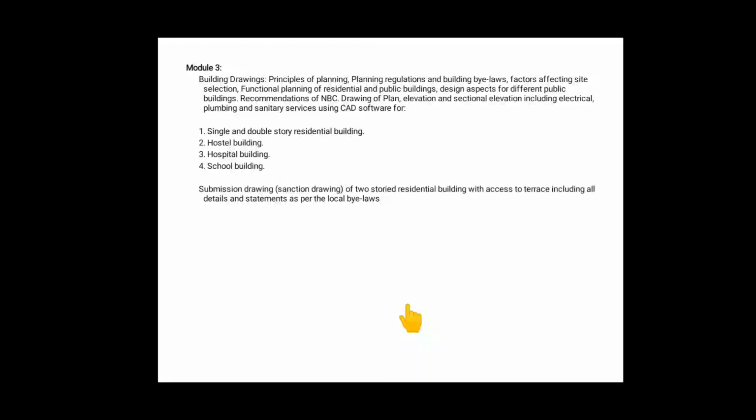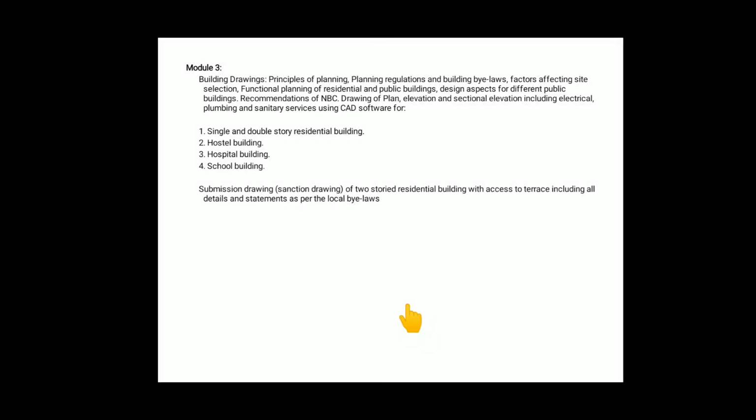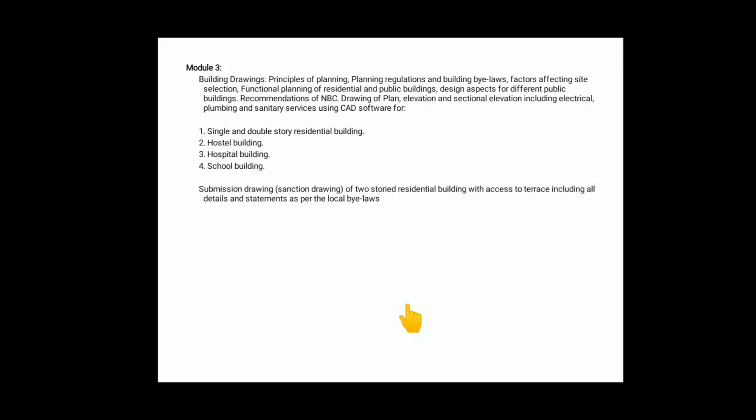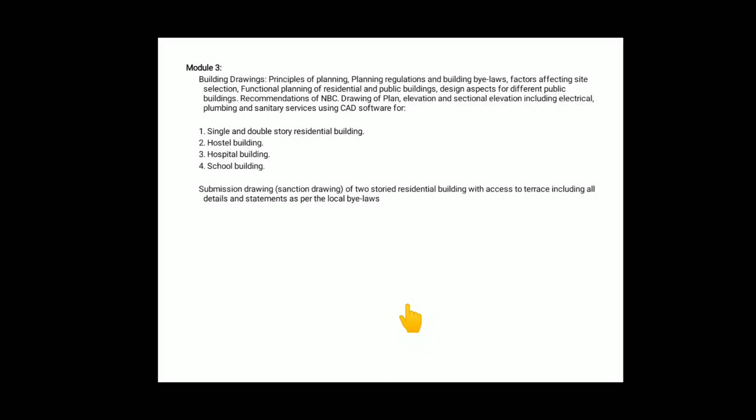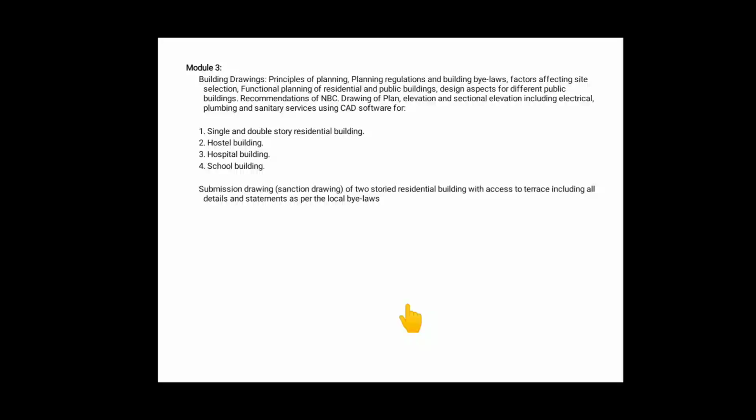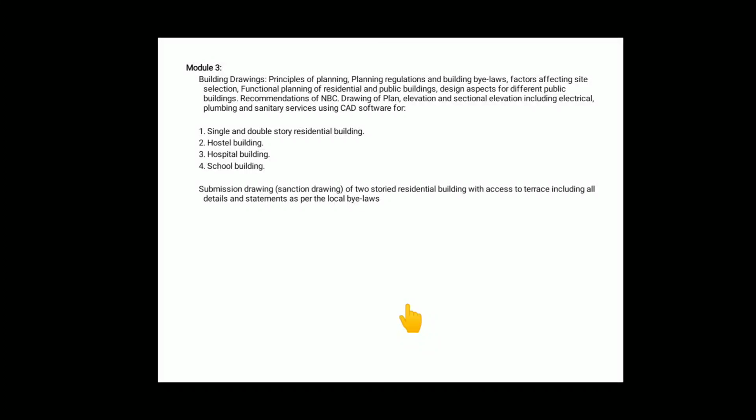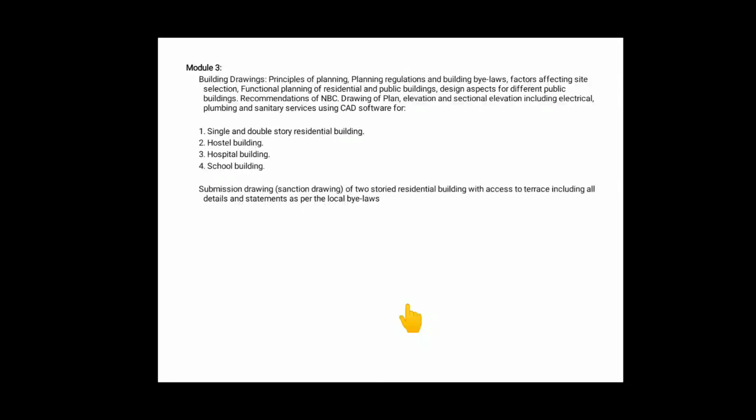So at the end of the semester, you will be able to illustrate the drawing skills using AutoCAD software. Then apply the skills you have learned in making a drawing of the basic elements of civil engineering like foundation, slab, beam, column, footing, staircase, then road pavements, etc. Then apply the knowledge of drawing tools in preparing the residential building plan.